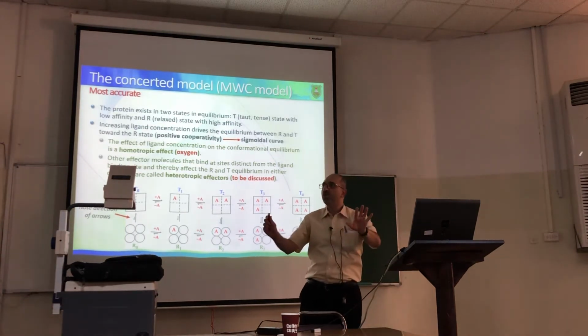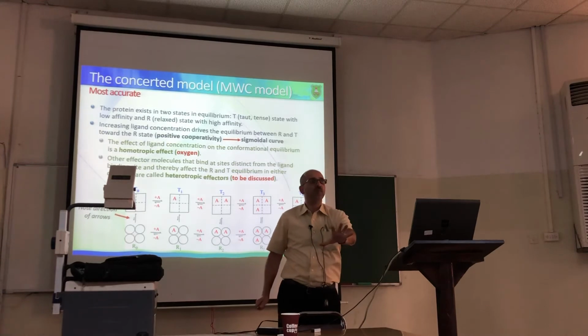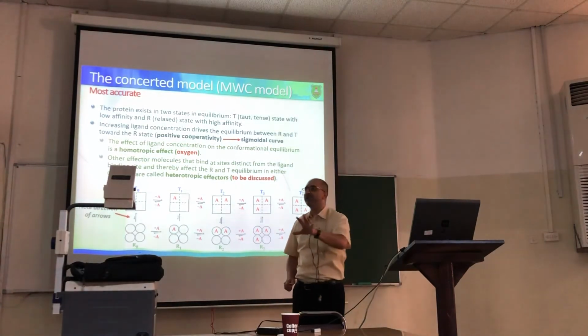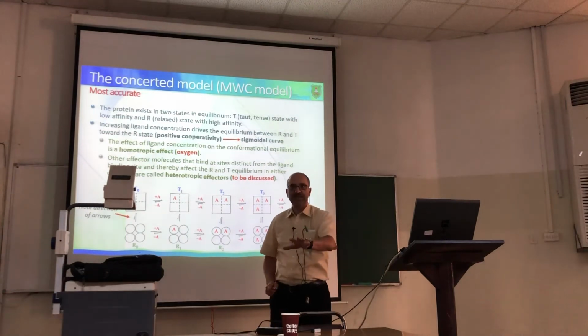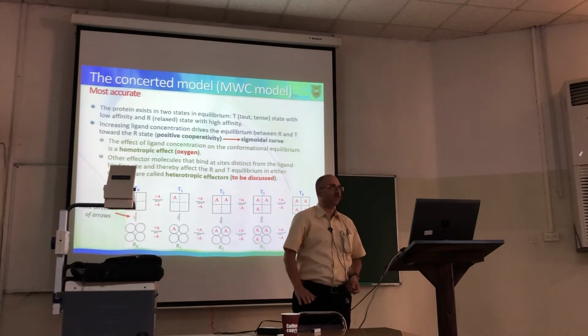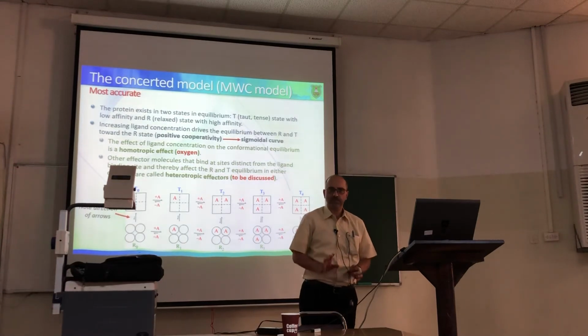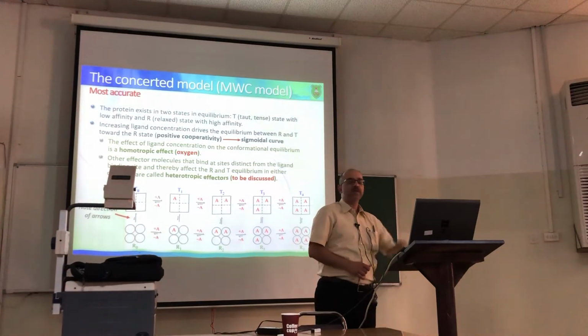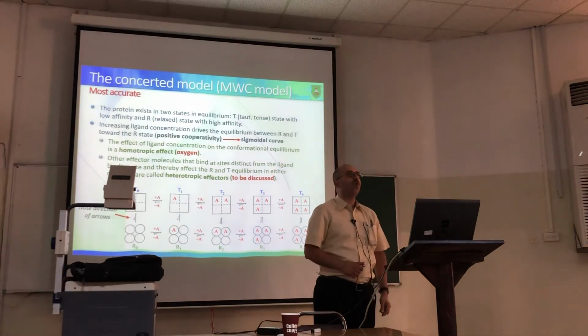If there is no oxygen, and you have 100 hemoglobin molecules, 95 of them, 95% that is, exist in the T state, and 5% exist in the R state, all the time. Okay? If you add one oxygen molecule, it binds to one of these hemes.